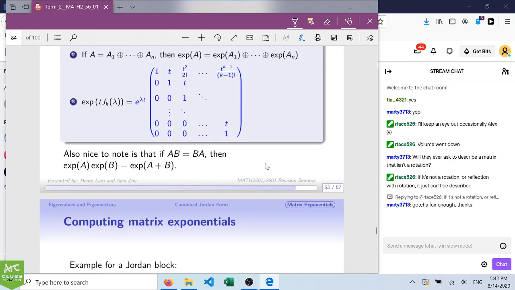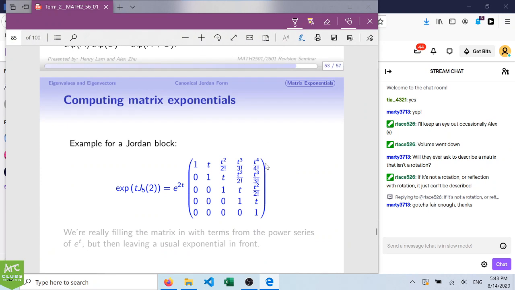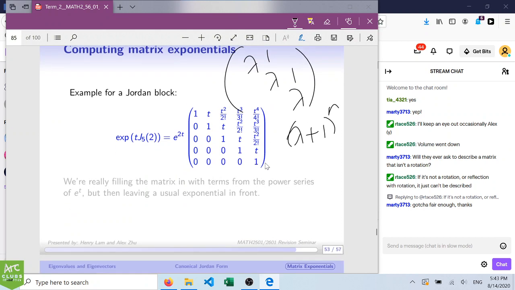If you put the lambda values like that, and then you put ones here, exponentiating this thing is like exponentiating lambda plus 1, to the power of n, so all the coefficients just come out, and this turns into all these coefficients of t squared over 2 factorial, t cubed over 3 factorial, and so on.